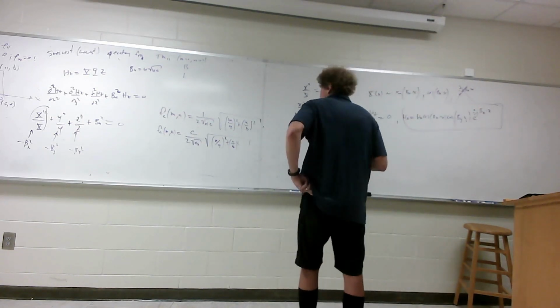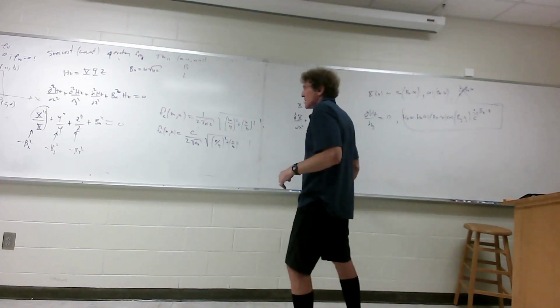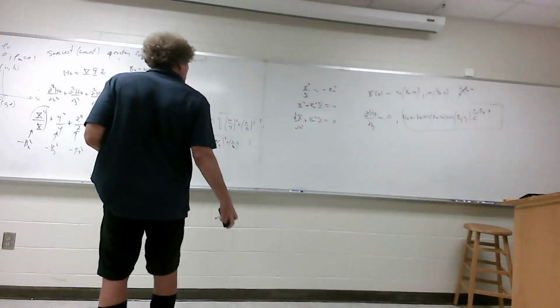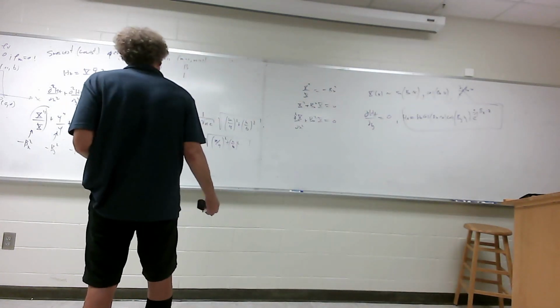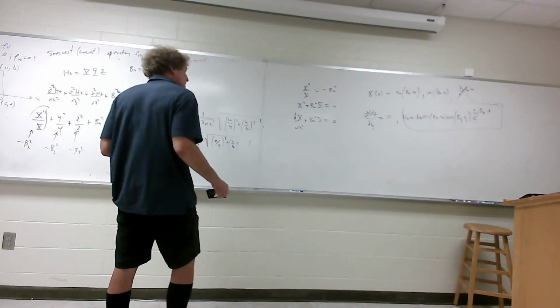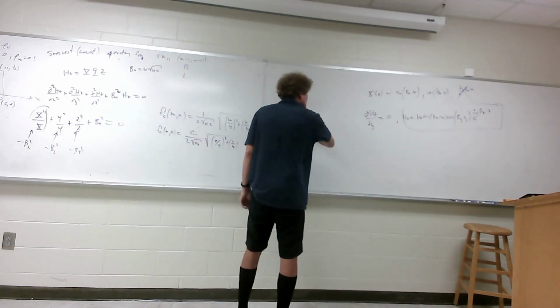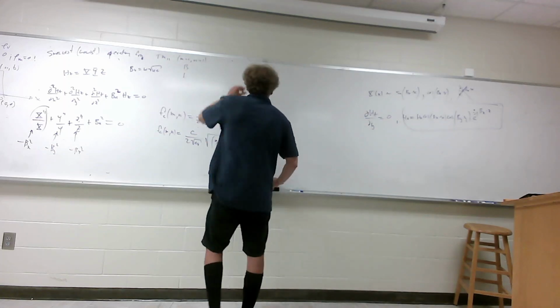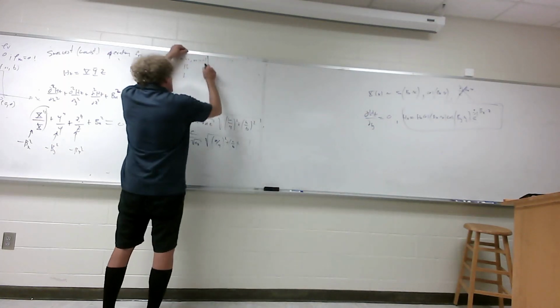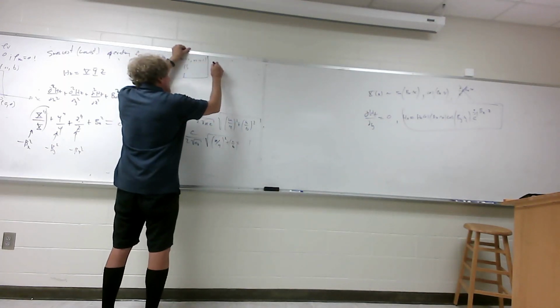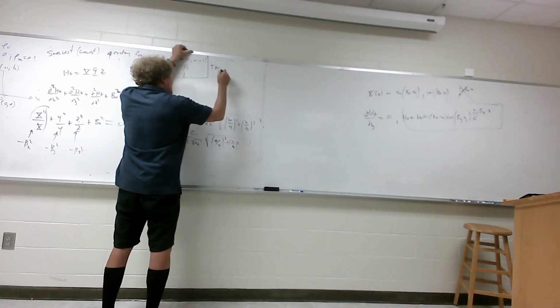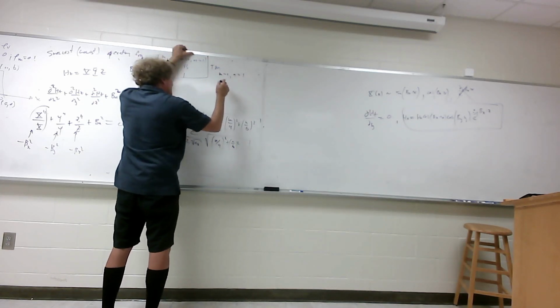Let me just do this. I want to just showcase this. So for TM modes, the lowest is M equal 1, N equal 1, right?